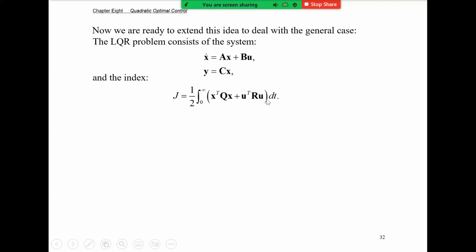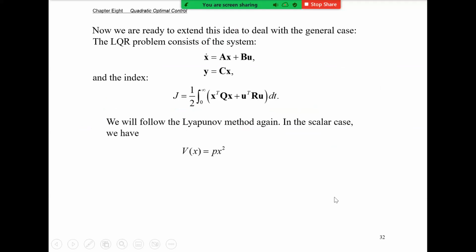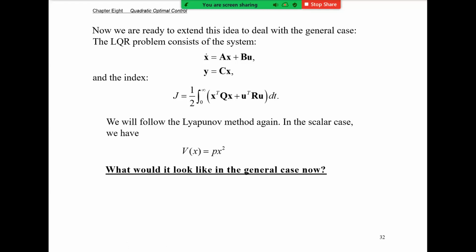We want to minimize this cost function. And then we will follow the same method again. In the scalar case, we design the Lyapunov function as p x squared. Now we want to convert this into the vector case. So what will it look like in the general case?